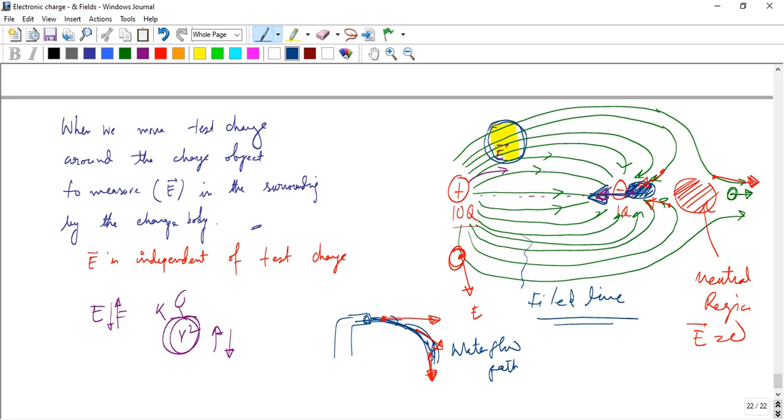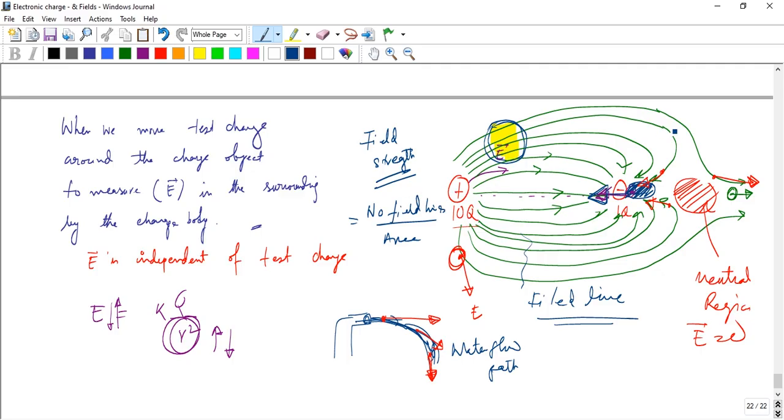The field strength depends on the number of field lines per area. If there are more field lines in less area, it means more field strength.